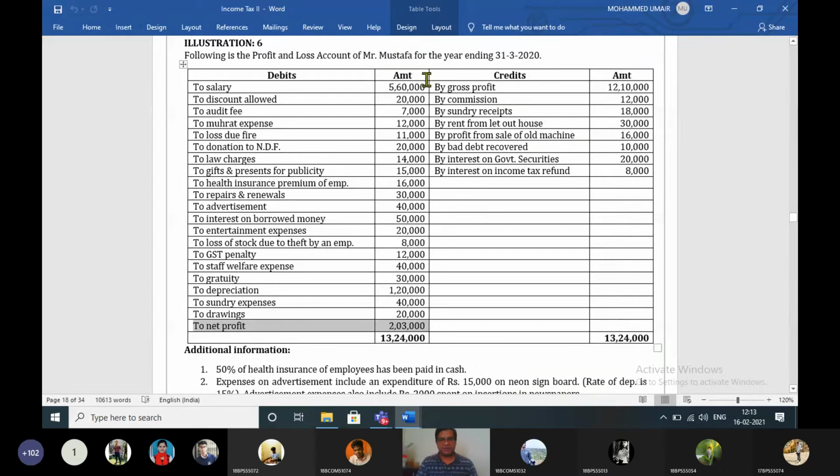First is salary. So salary is a business expense, as you are aware. Discount allowed is related to business. Similarly, audit fee is also related to business. Now, what's with this Muhurat expense?